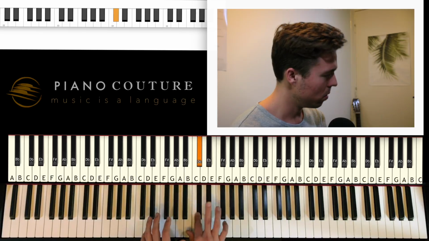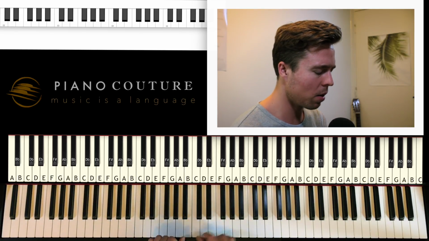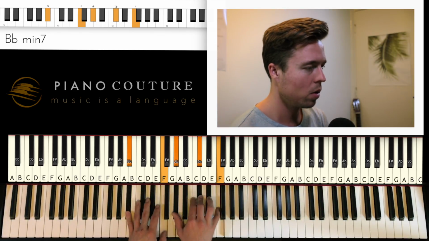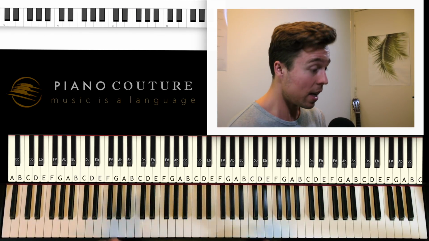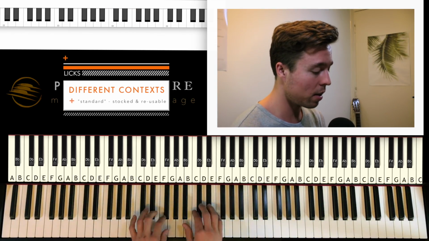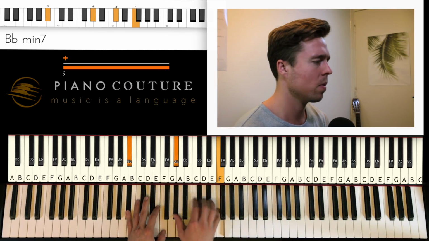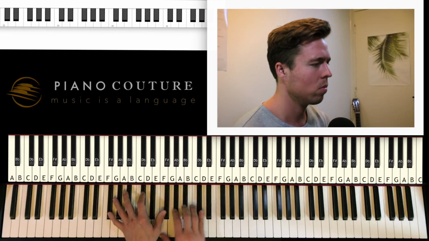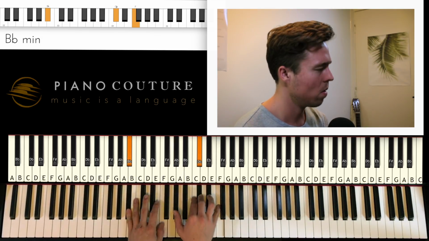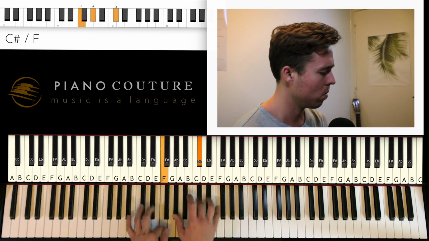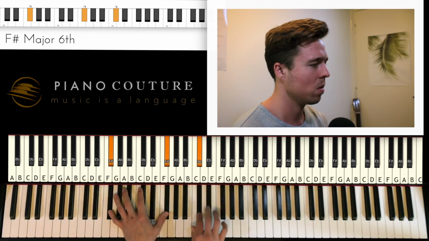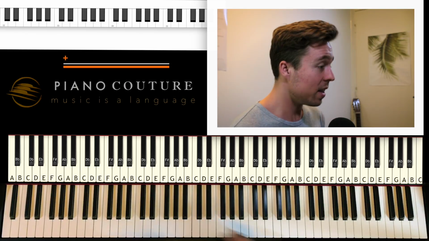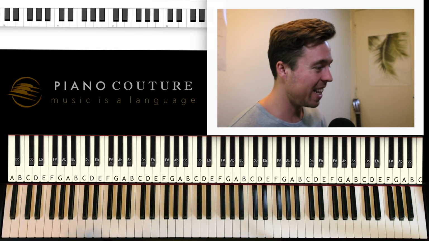This could be the lick that we'll use as an example. So see, it's a standard thing because now I use it at another moment. Right? So that is a practical example of what a lick is.